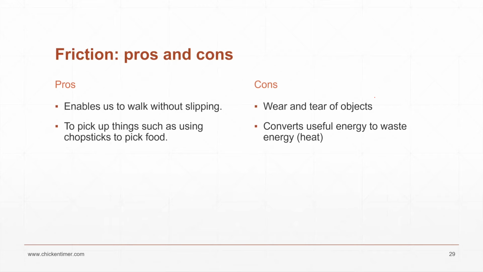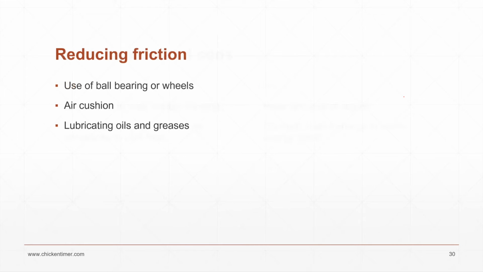This sometimes may appear, not very often right now. So the pros and cons of friction. Wear and tear is a very commonly seen answer. Then how you reduce friction: you use ball bearings, you use air cushion, and you use lubricating oil and greases.